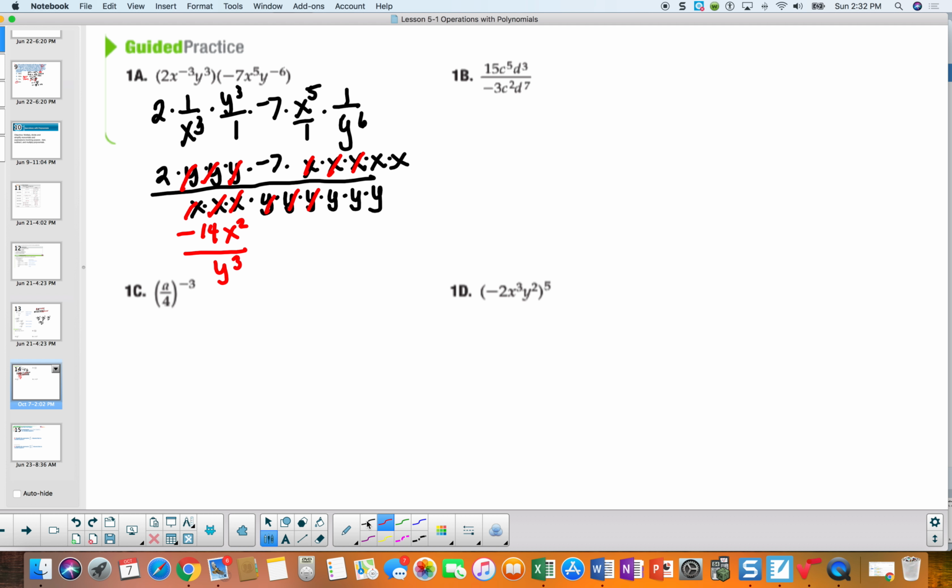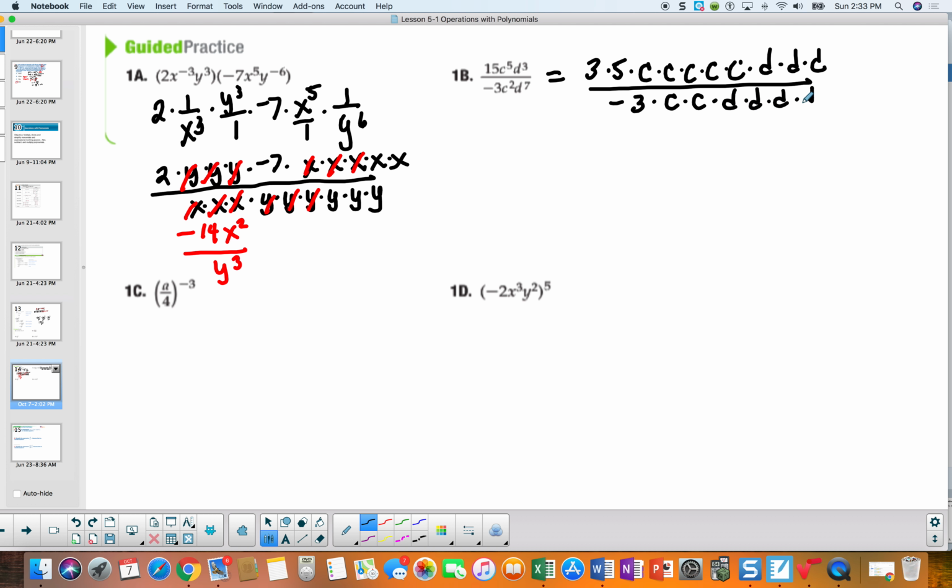All right, let's go ahead and do this problem. And this is going to be equal to 3 times 5, and we have 5 c's being multiplied and 3 d's being multiplied. All right, there's 3 here.